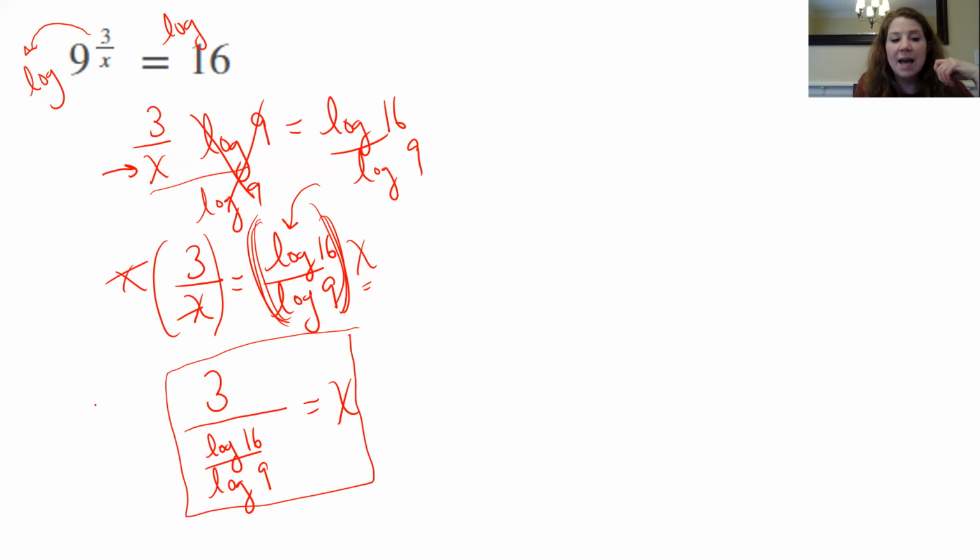And then to get the rounded answer to 2 decimal places, you're literally going to plug that in your calculator. So you would pull up your fraction button, you would type 3 in, and then when you arrow down to the denominator, you're going to hit your fraction button again, and you're typing in log of 16 over the log of 9.